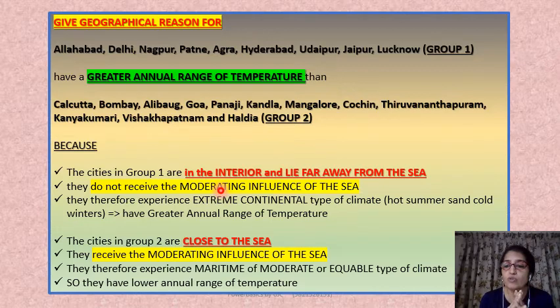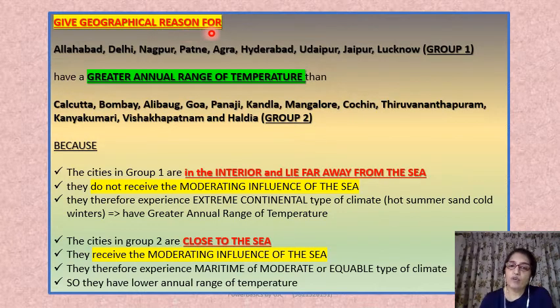Every city close to the sea or a water body will have equable climate, low annual range of temperature, low diurnal range of temperature. Every city away from the coast in the interiors will have continental climate, high diurnal range of temperature, and high annual range of temperature. Just imprint it in your minds.